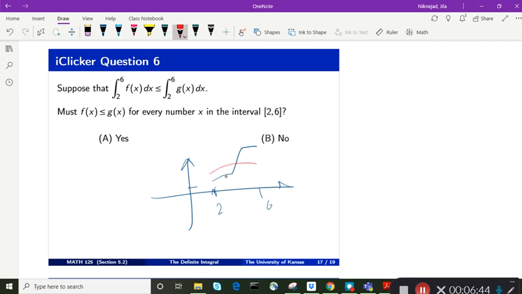This one is g of x, and this one is f of x. It's a constant function. So the area where g of x is above f of x is more than the area where g of x is below, but f of x is not always below g of x. So the area of this one is bigger than that one, but g of x is not always bigger. So the answer to this one is also a no.